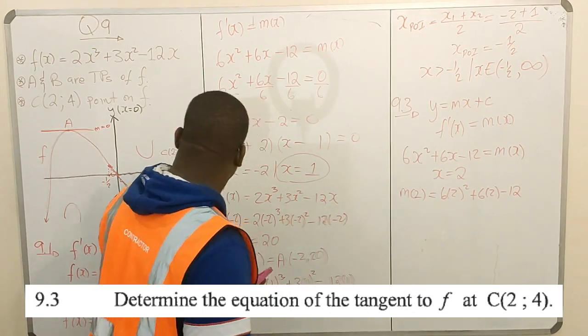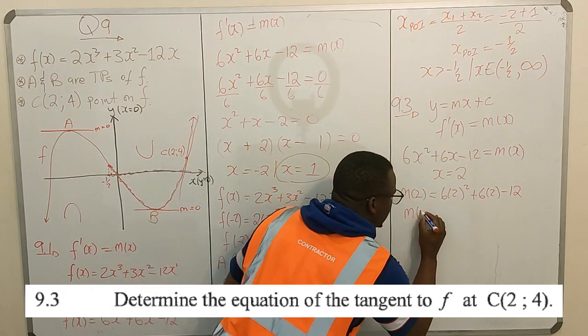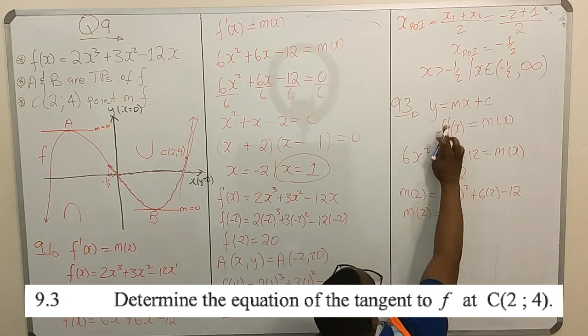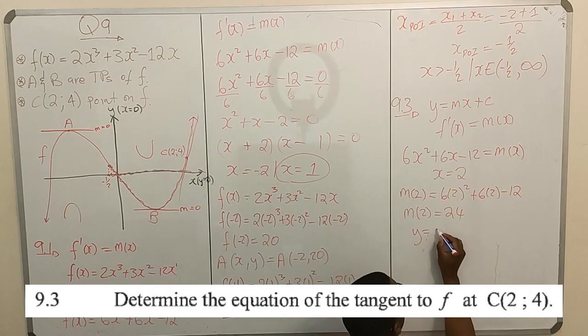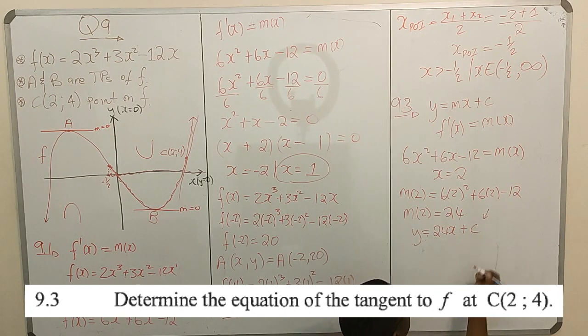So the gradient at our point C, which has the x value 2, is equal to 24. That is our gradient. So on this line we have y equals 24x plus c. We're only missing what? c.